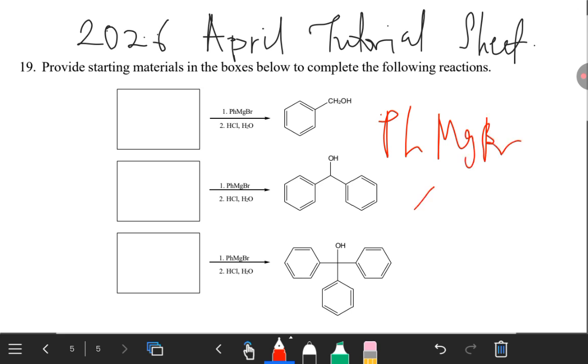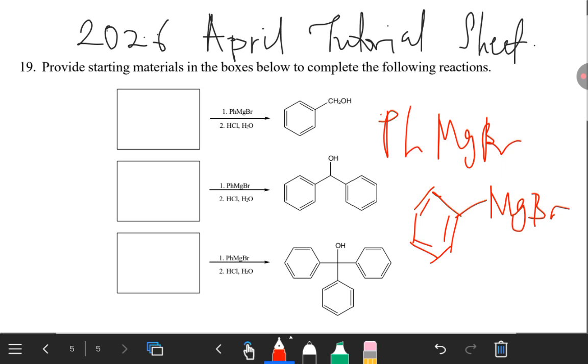A phenyl is just this benzene ring, then bonded to this magnesium bromide. So let's look at the first question which we have here.